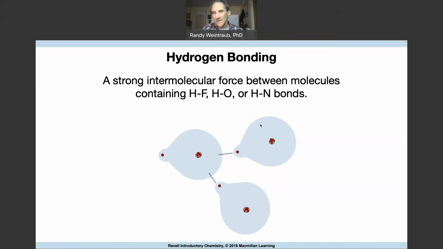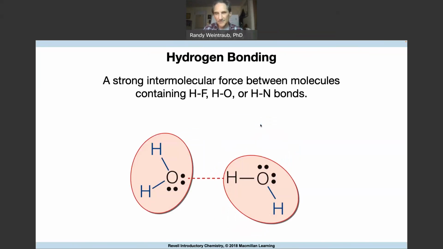This naked positive charge attracts the negative poles of other molecules, such as a neighboring water molecule. And this attraction is relatively strong, but not as strong as the covalent bond between hydrogen and oxygen.